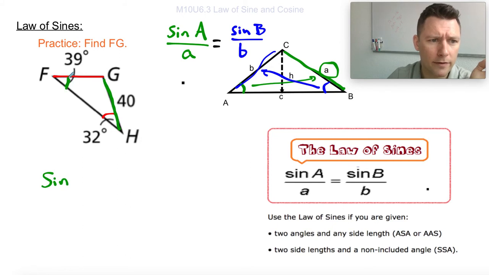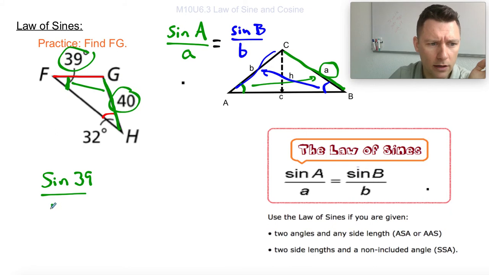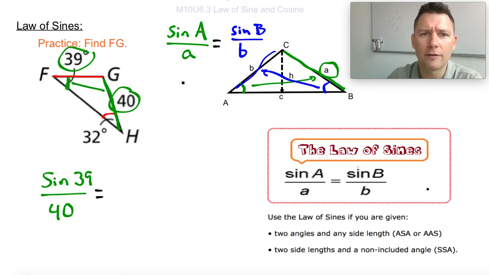So really, you can say sine of this angle, which is 39, so sine of 39, divided by the side across from it, which is 40, gives the same ratio as any other angle.